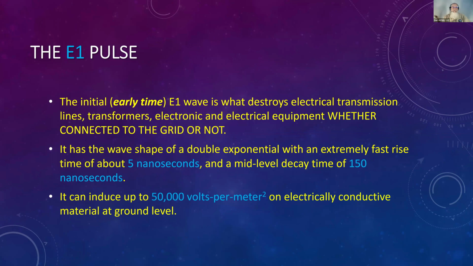And here's where the problem comes in. It can induce up to 50,000 volts per square meter on electrically conductive material at ground level. So this is why the E1 is so detrimental. It produces a huge voltage spike very quickly. So quickly, it does not give time for our normal surge protectors to protect against it.